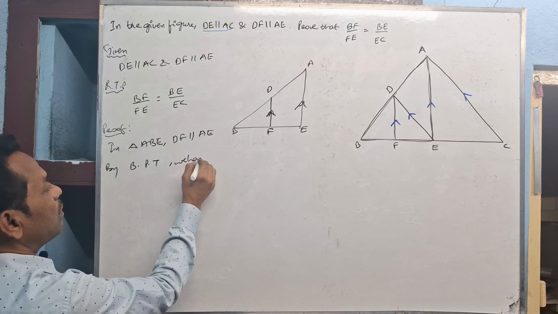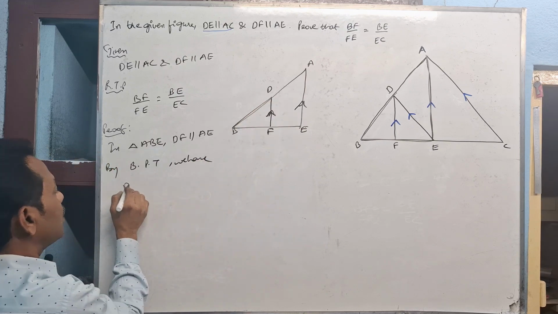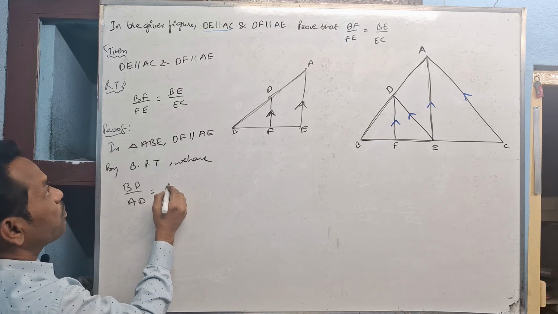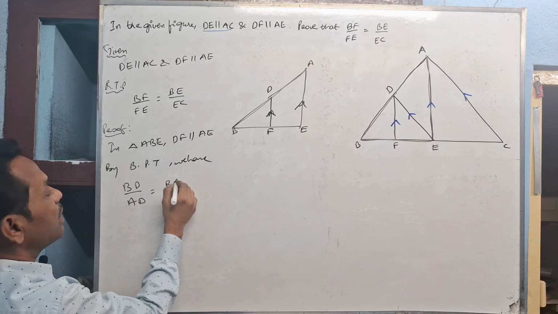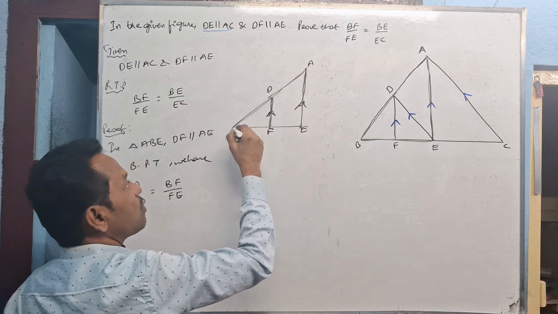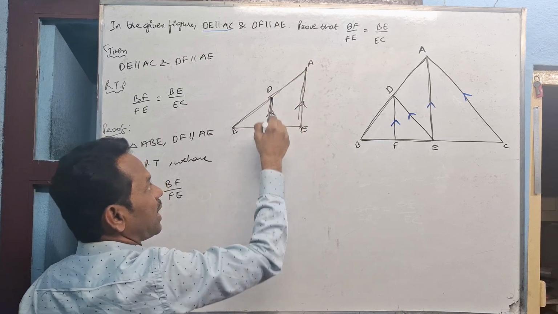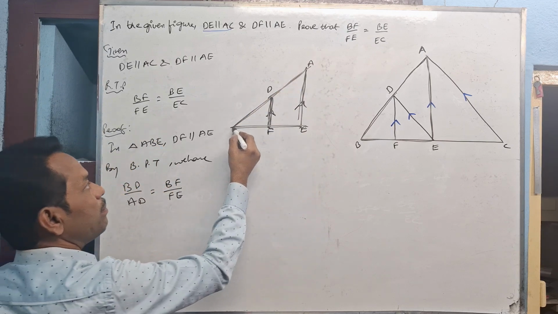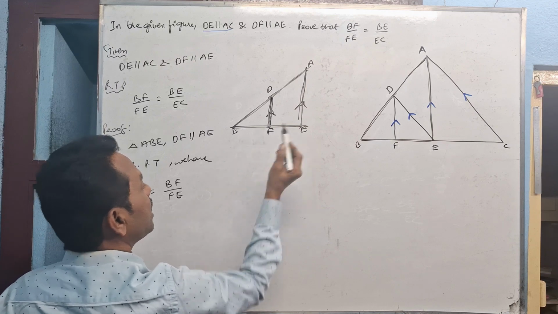So we have BD by AD equal to BF by FE. As this line is parallel to this side, this side divides these two sides in the same ratio. In a sense, BD by AD equal to BF by FE.